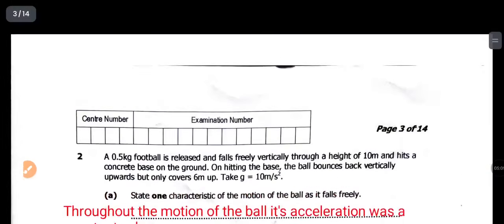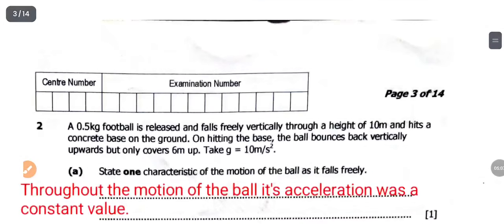Question 2. A 0.5 kg ball is released and falls vertically through a height of 10 meters and hits a concrete base on the ground. On hitting the base, the ball bounces back upwards but only covers 6 meters up. Number 1. State one characteristic of the motion of the ball as it falls freely.